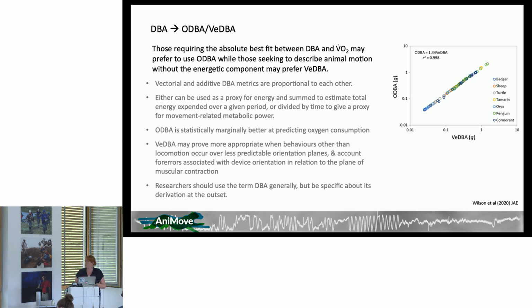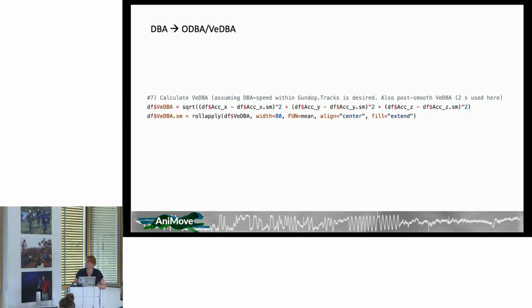So I encourage you to go read this paper if you're really interested in why you would want to use ODBA, VeDBA, or DBA, but they all relate to each other. And this is the simple code, well, it's just maths, to be able to get the square root of the squared dynamic acceleration signal in each of the 3 axes, and that gives you the measure of activity.